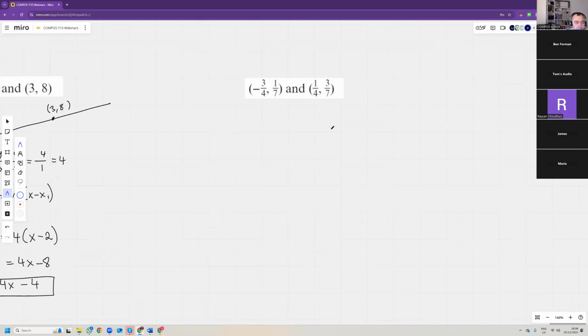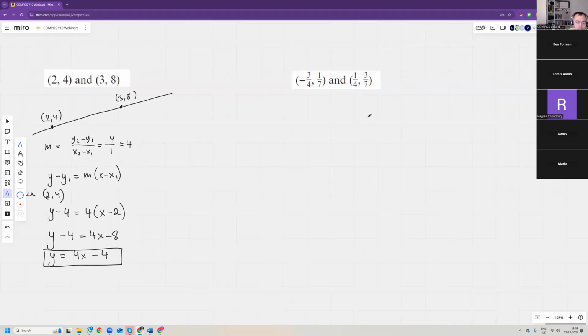This one is slightly more complicated, but it's straightforward. And so slope is y2 minus y1. Actually, you know what? I'll use a different formula for this one.